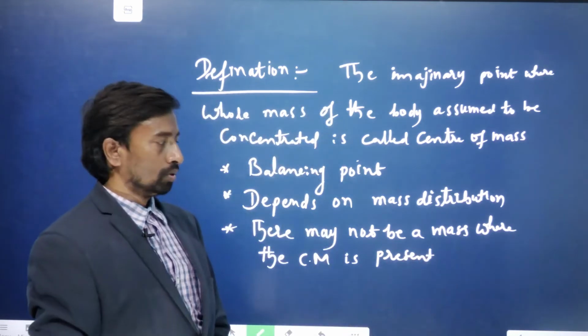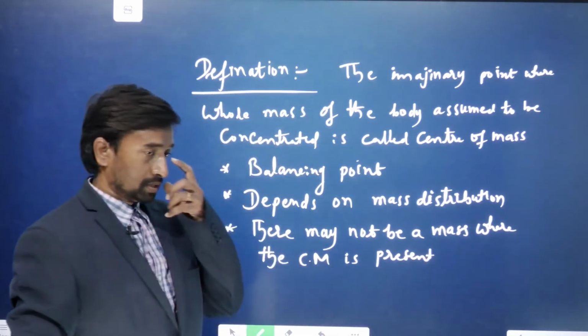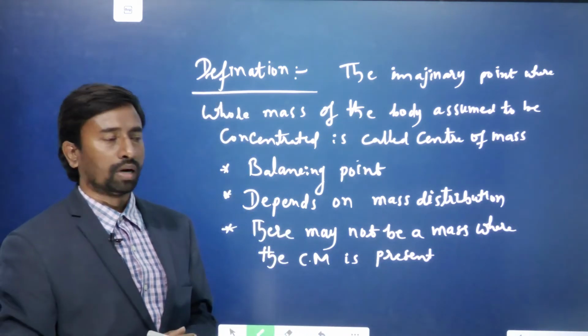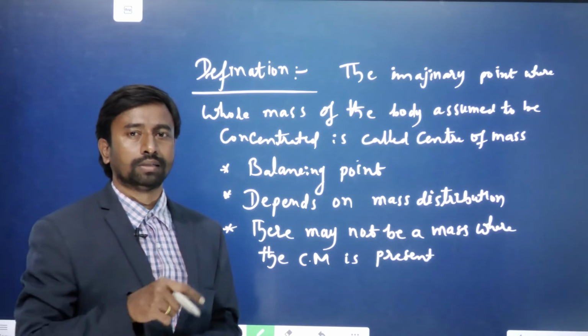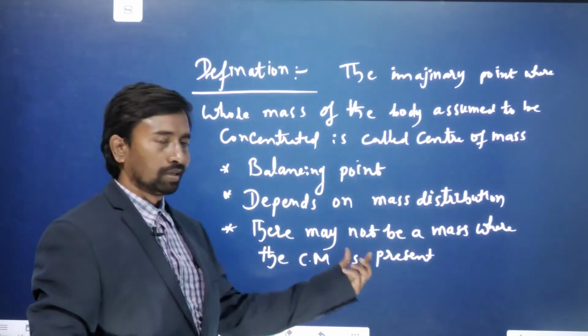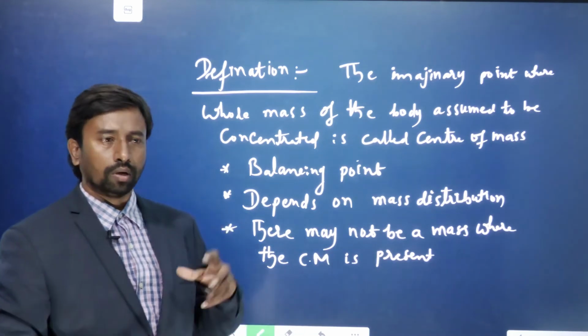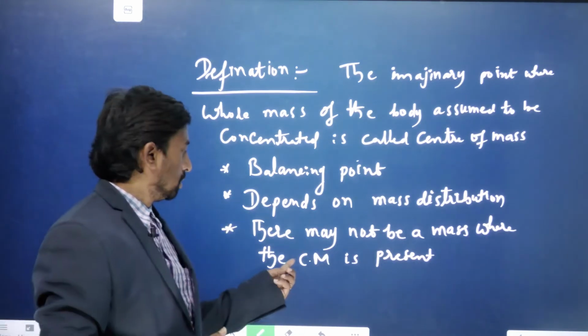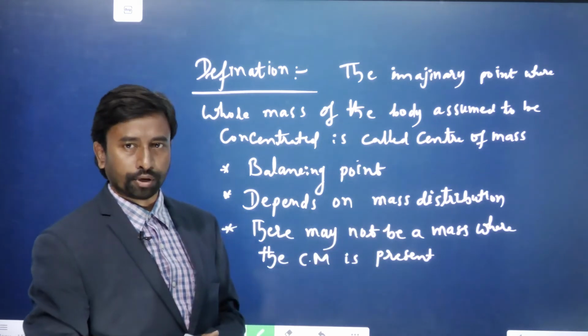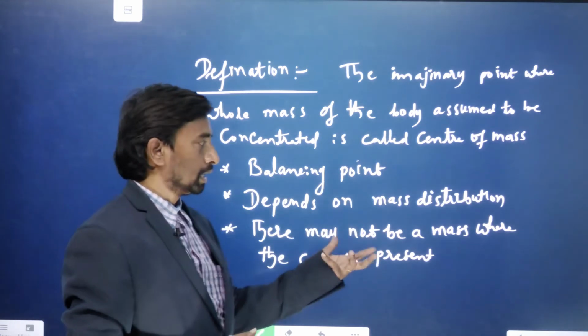Okay. So suppose, as shown in a few of the diagrams now, that is regular shaped bodies, if the mass is distributed at the edges or periphery of the object, the center of mass will be at the geometrical center of the body. So their mass may not be present there.